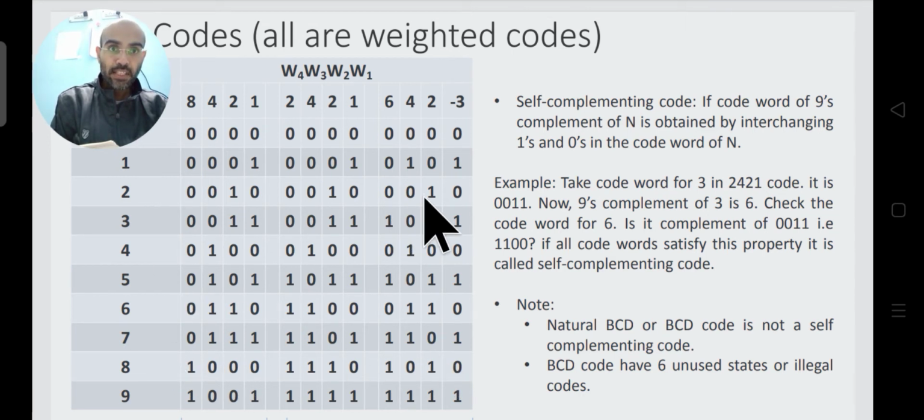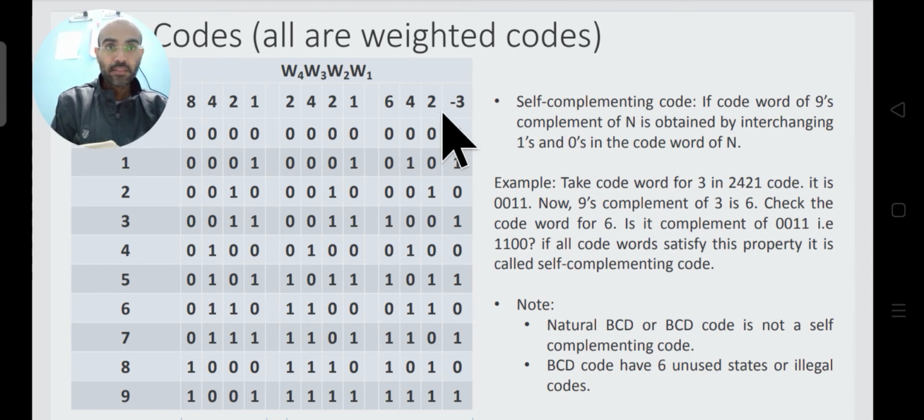So for this particular code 642-3, we can see that the nines complement of the number is representing the nines complement of this. So that is why this is also called the self-complementing code.